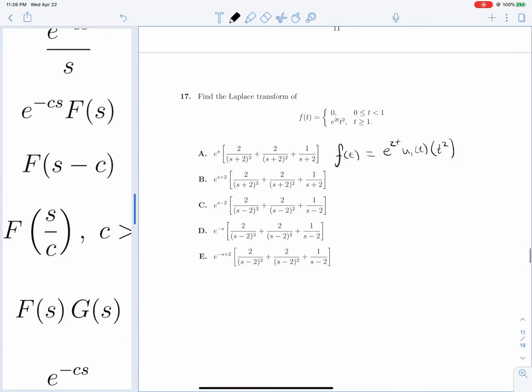So all we have to do at the end is replace alpha with alpha minus 2. And I'm actually going to delete that because we know what to do for it.